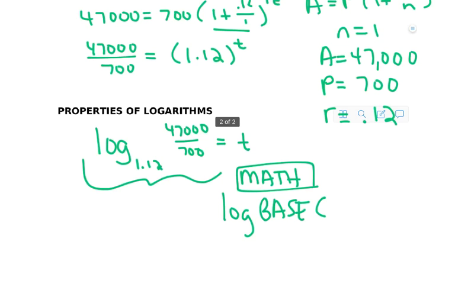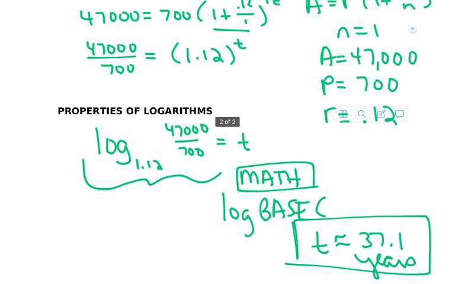What you'll do is you first plug in the base, and in this case it's 1.12, and then you'll arrow to the parentheses and put in the 47,000 divided by 700. Get out of it and then hit enter, and it'll spit out the answer for you, which is approximately 37.1, and it's going to be years because that's the unit of measurement for these particular problems.